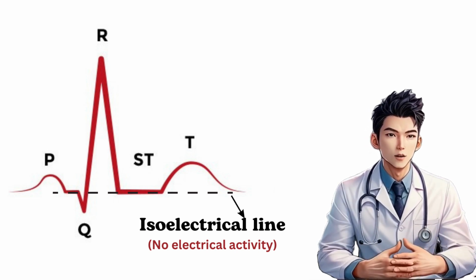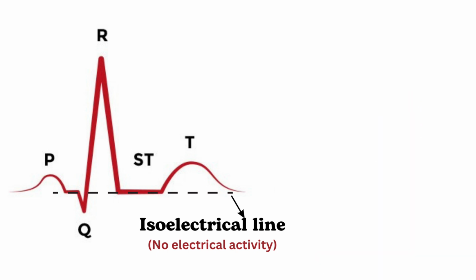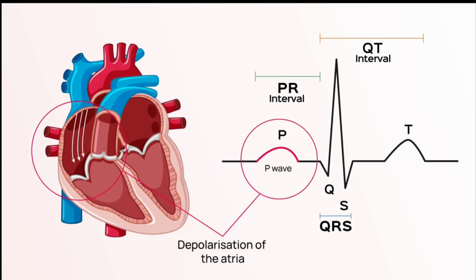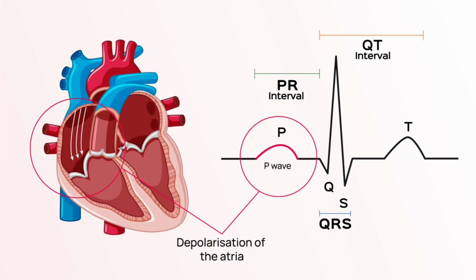Where does this PQRST wave come from? P wave shows atrial depolarization. When the current flows from the SA node towards the AV node, it causes the contraction of the atria. The spread of current in the atria represents atrial depolarization, and it appears as the P wave on ECG.